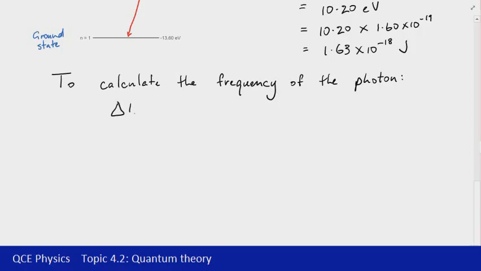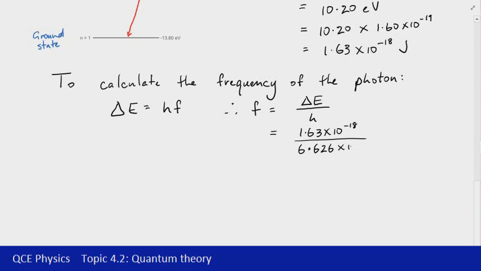So delta E is equal to hf, so f is equal to delta E divided by h, so that's a value of 1.63 by 10 to the negative 18 divided by our value for Planck's constant, 6.626 by 10 to the negative 34, and so the frequency there is 2.46 by 10 to the 15 Hertz.